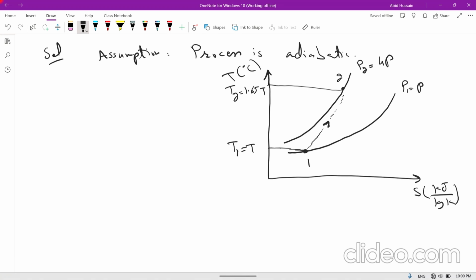First we have to show that the process is irreversible.